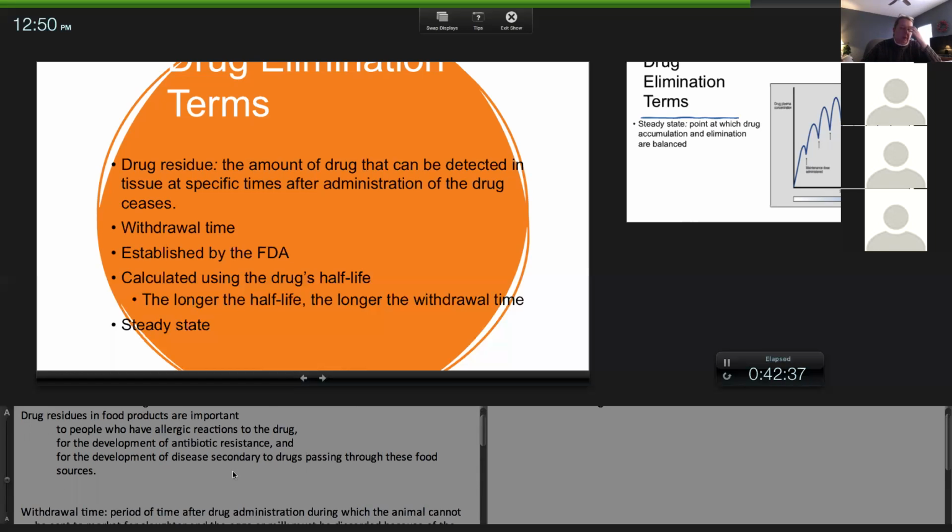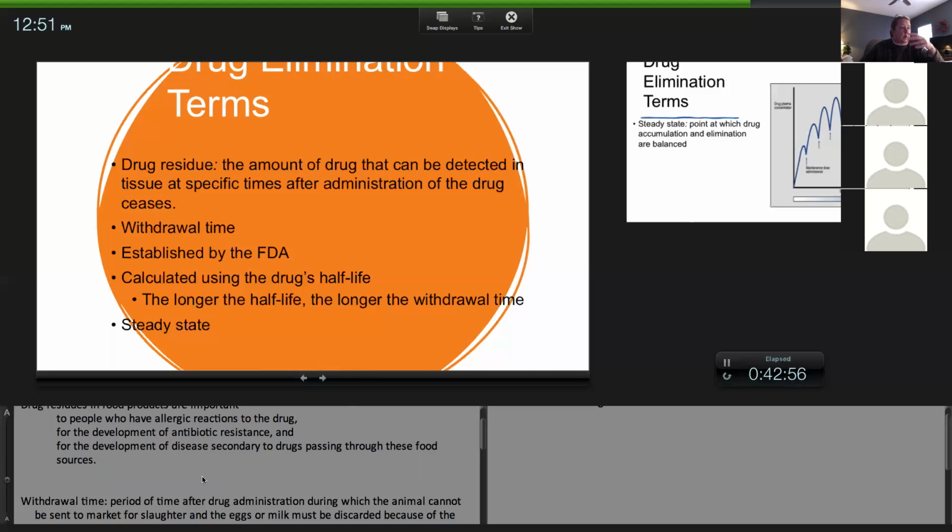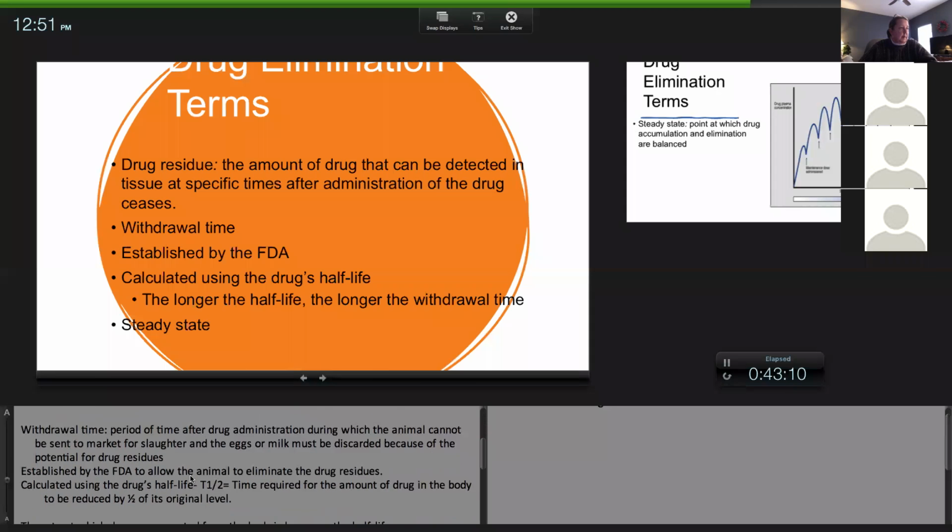Because the thing you worry about is if someone is allergic to penicillin and they eat a hamburger that came from a cow with penicillin residue in the muscles from being treated for an infection, then someone can have an allergic reaction. We also worry about antibiotic resistance. If people were constantly exposed to low doses of antibiotic residue in product, it could lead to antibiotic resistance in people. So things to think about.